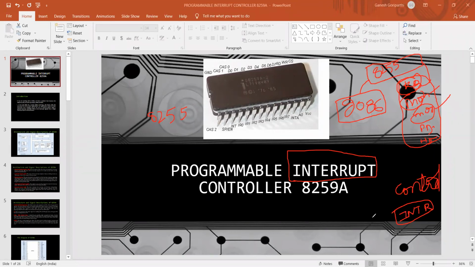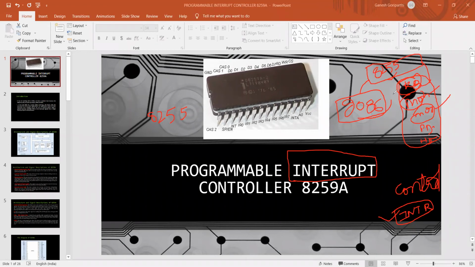Suppose we have a keyboard. When we want to write something, we have to inform the 8086 processor that I want to write some data. That has to be communicated to the 8086 processor, and this is done by the 8255.